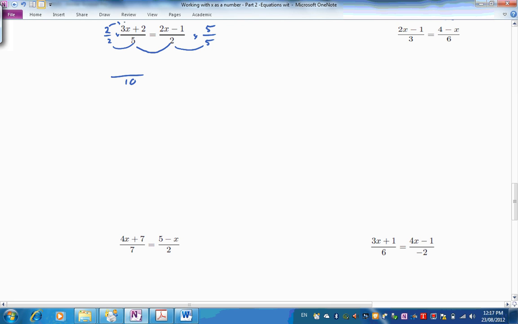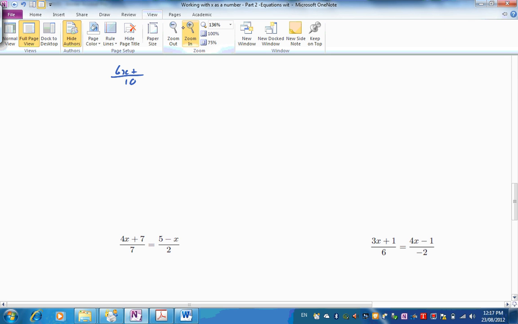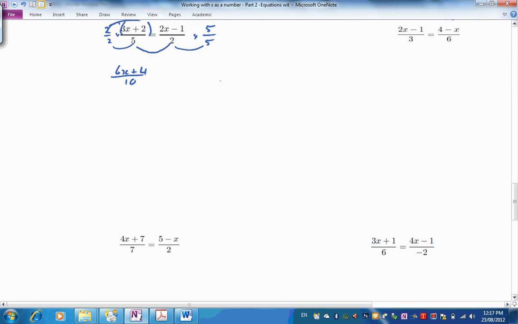2 times the top line, we better use a bracket. So it's 2 times 3x is 6x, plus 2 times 2 is 4. And then on this side, our bottom line, our denominator is 10, and we need to multiply across here.